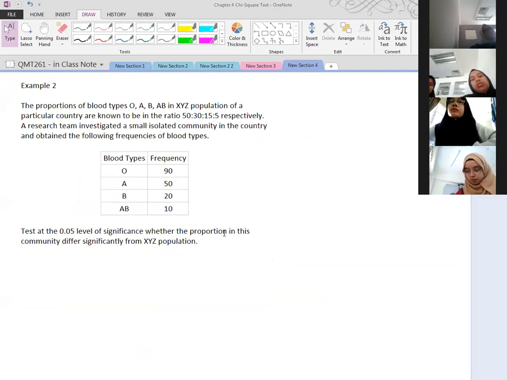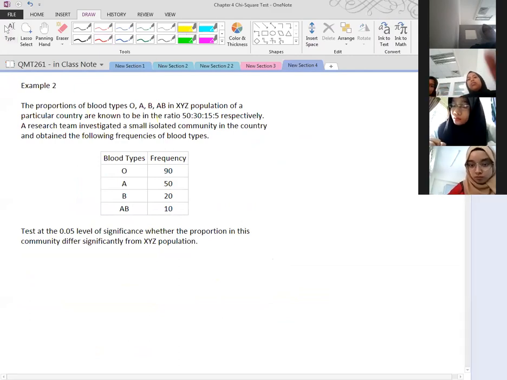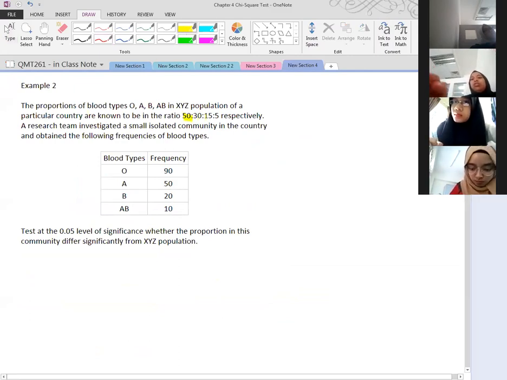The proportion of blood types O, A, B, and AB in the XYZ population of a particular country are known to be in the ratio 50, 30, 15, 5 respectively. A research team investigates a small isolated community in the country and obtains the following frequencies of blood types.